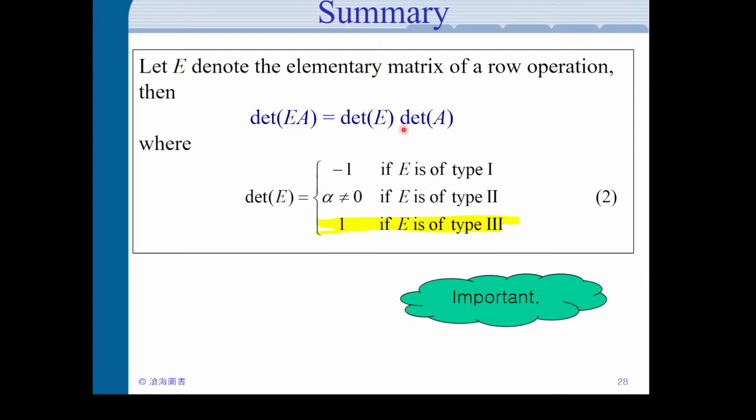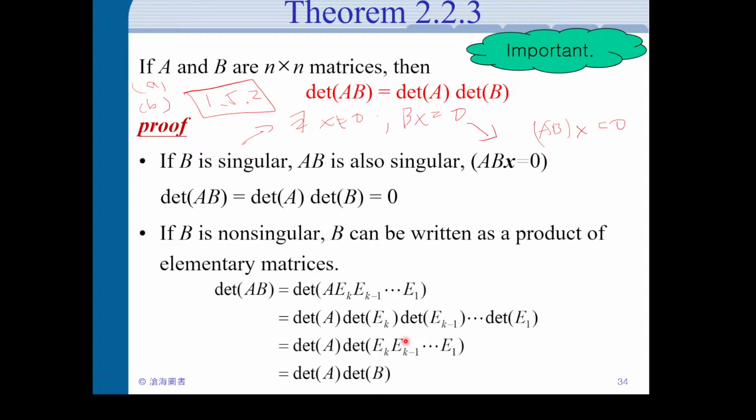Okay, so let's do this a bit more carefully. Then we need to go through a whole bunch of transposes. So B is non-singular, then we have that determinant of B is not equal to 0. Then determinant of B transpose is also not equal to 0. Okay. And so B transpose is also non-singular.